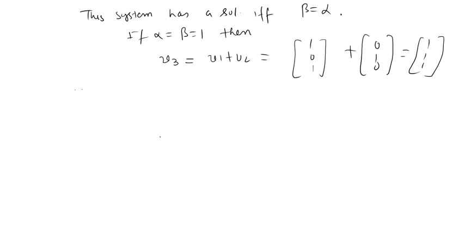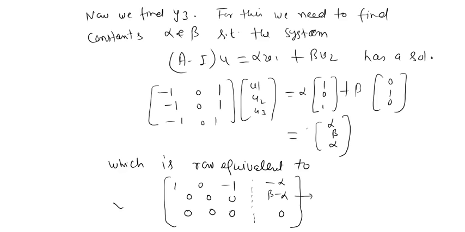So now the augmented matrix, the previous matrix plus the right hand side, becomes this one, with these alpha and beta.